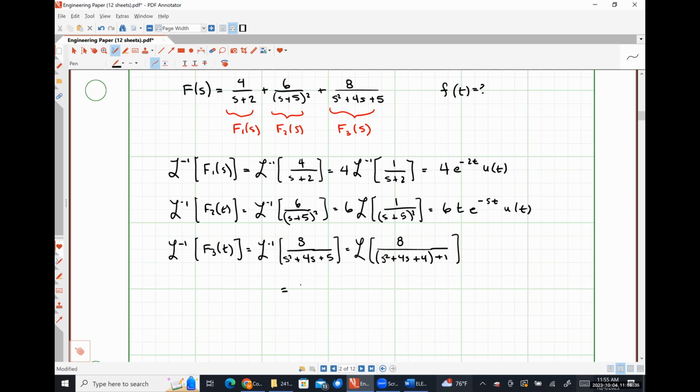That would be 8 times the inverse Laplace transform of 1 over s plus 2 squared plus 1. And I waited to take that 8 out until just now, because if you look at your table, we need something where this number in the numerator and this number in the denominator are the same thing. So which identity is that one?